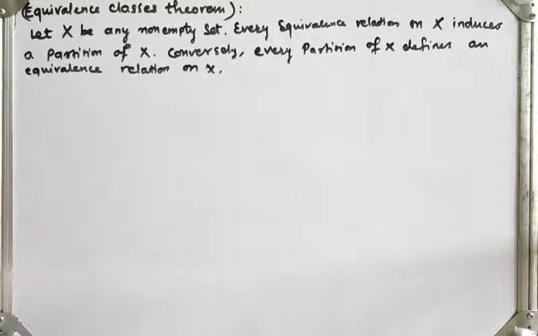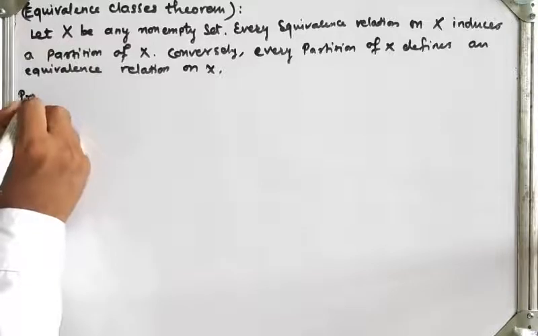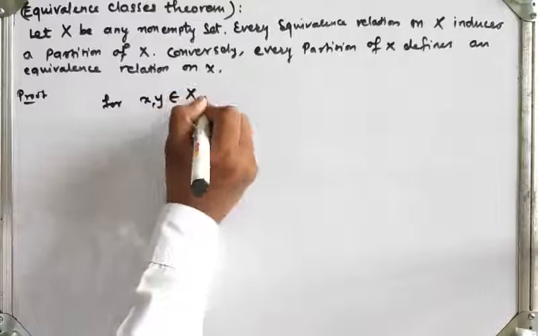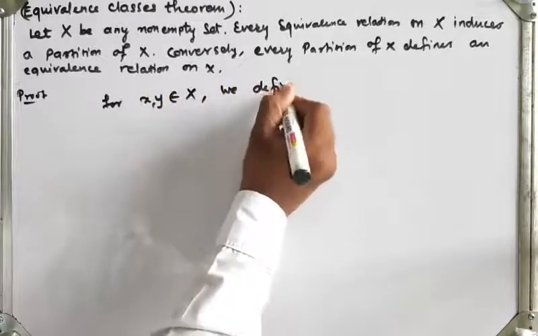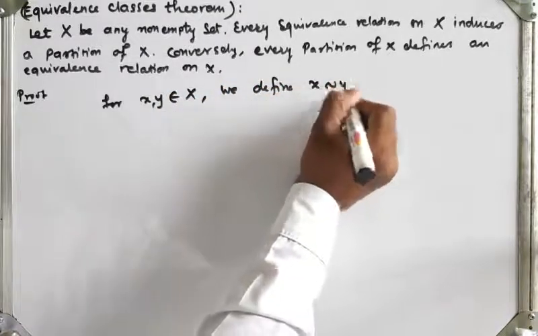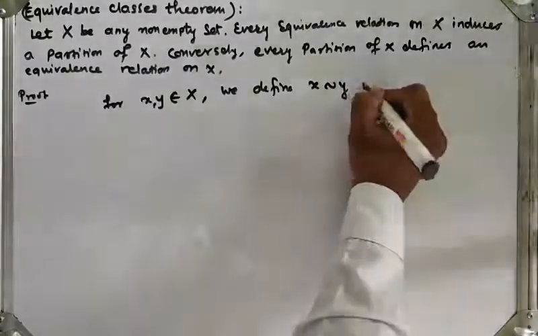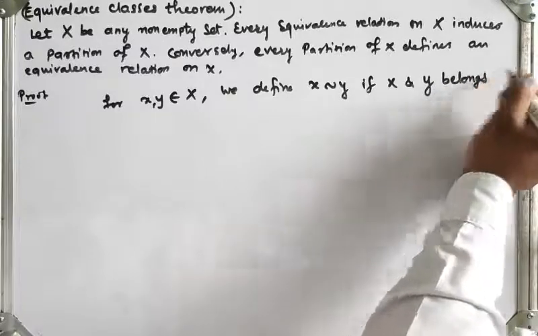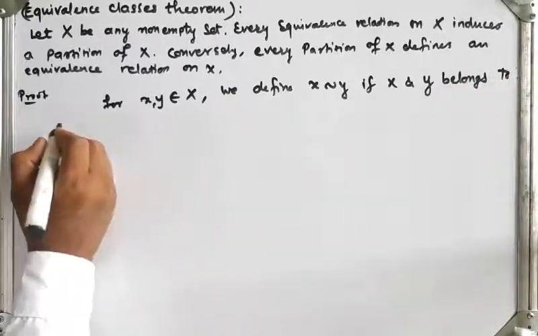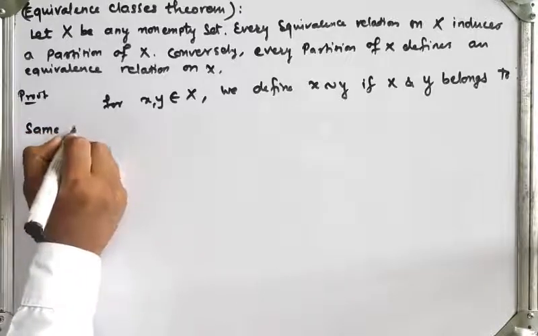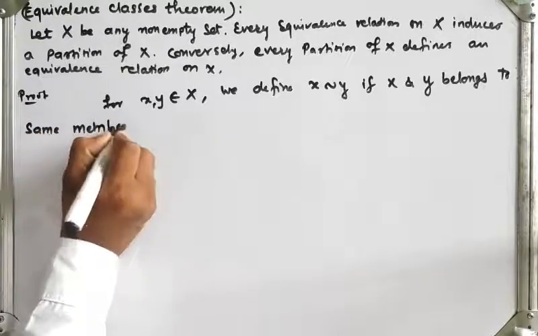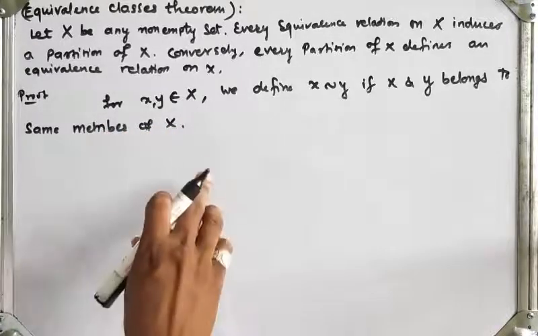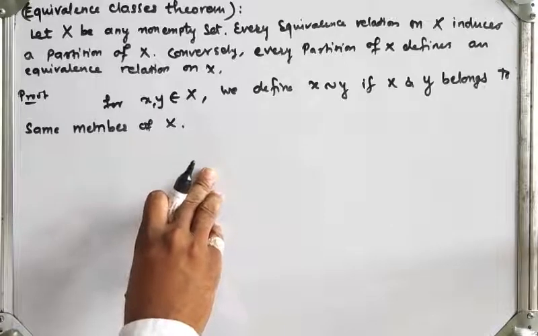So here, for x, y belonging to set X, we define x equivalent to y if x and y belong to the same member of P. We have to show that tilde is an equivalence relation.